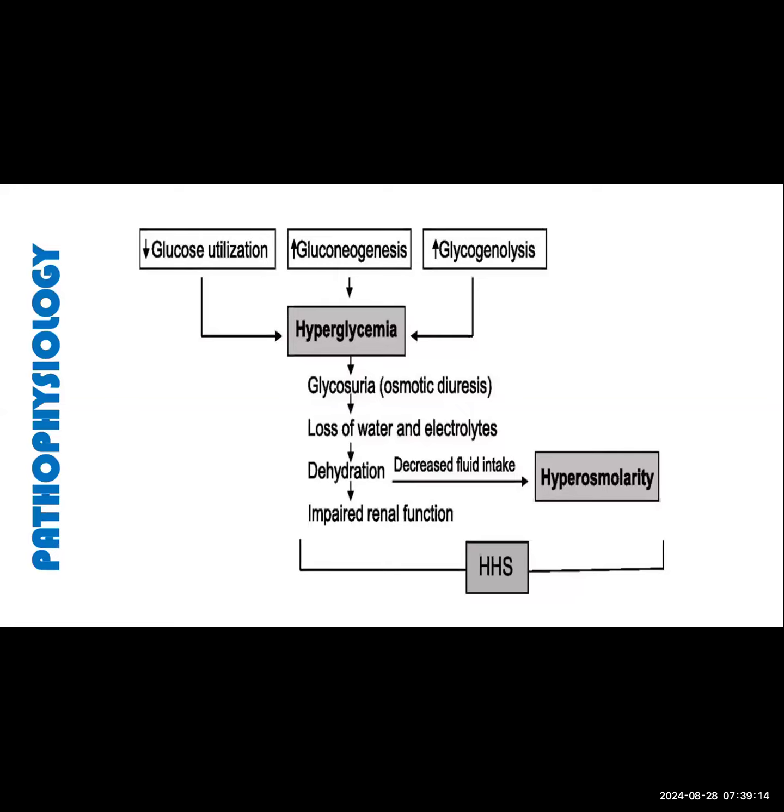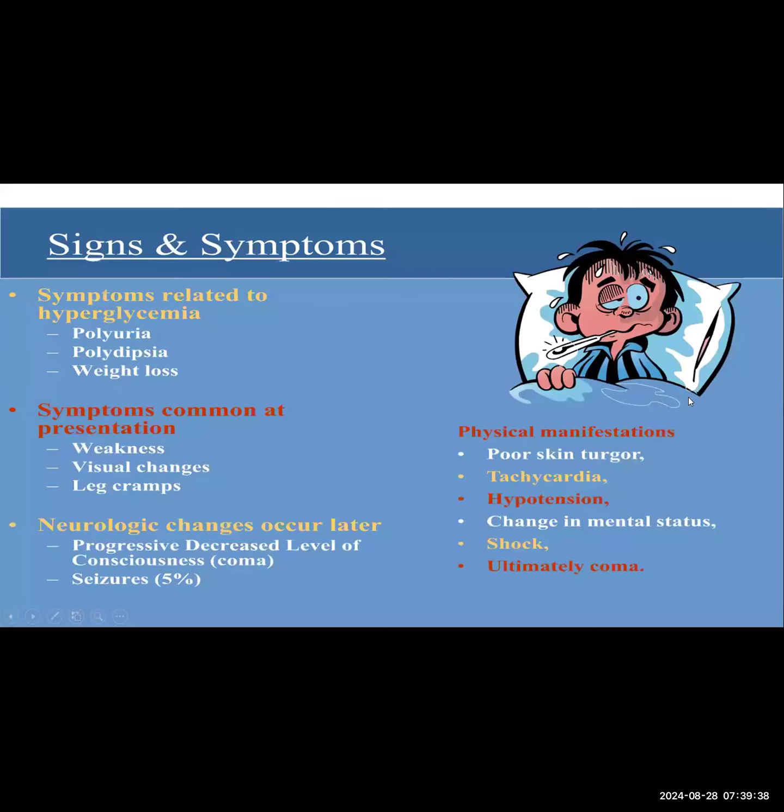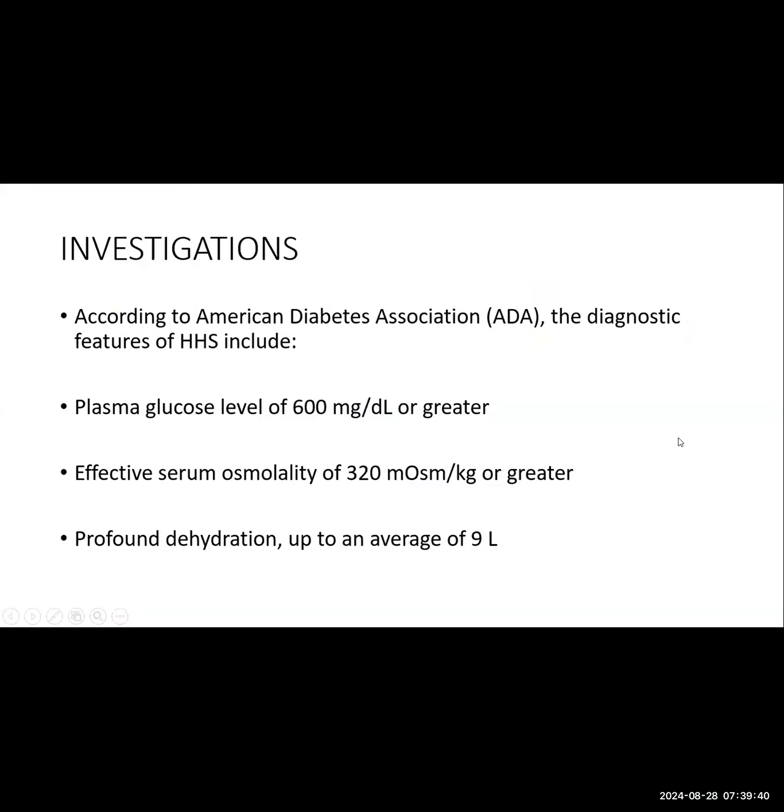This is just a picture showing what happens: decreased glucose utilization, increased gluconeogenesis, and increased glycogenolysis all lead to hyperglycemia. And then this will lead to glycosuria, osmotic diuresis, loss of water and electrolytes, and severe dehydration, leading to hyperosmolarity and impaired kidney function, which will all lead to HHS.